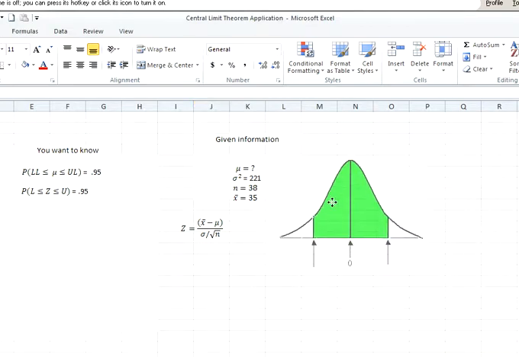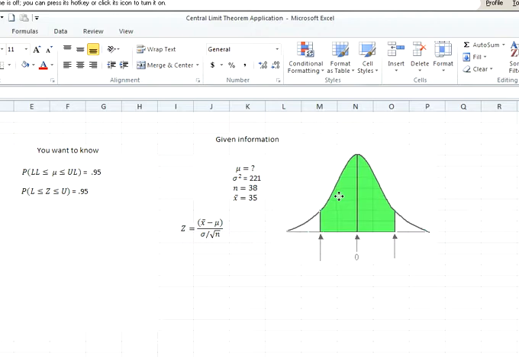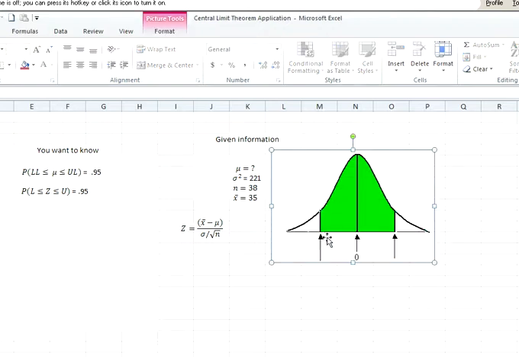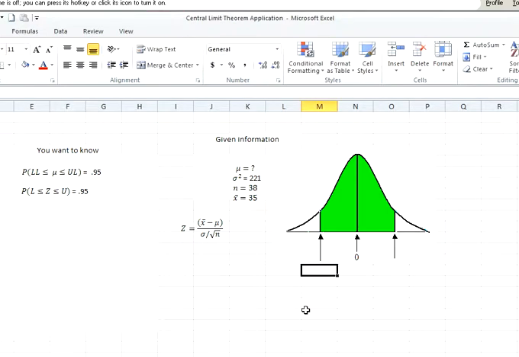So now if you look at the z distribution right here, you will see that this area that we are talking about is 95%, and that area, this white area plus that area, is 5%. So what is this z value? You can use the Excel formula NORMSINV.